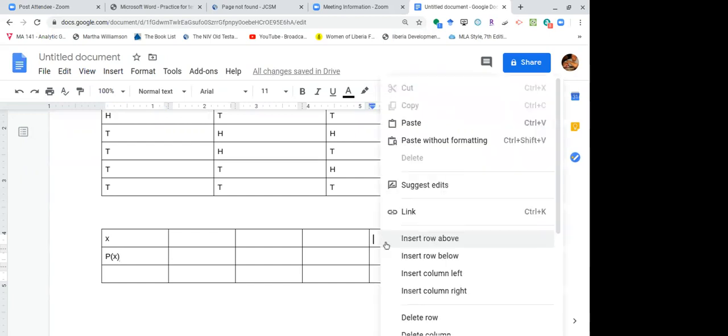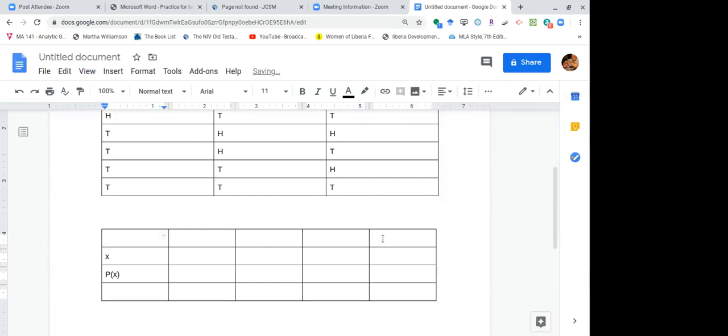So I do insert row above, and I do like number of, let's say you want to make this tails. You could make it number of heads as well, but you're looking at the number of tails.